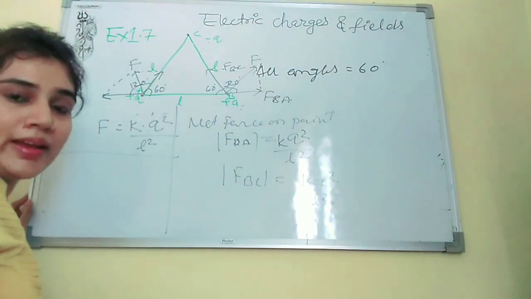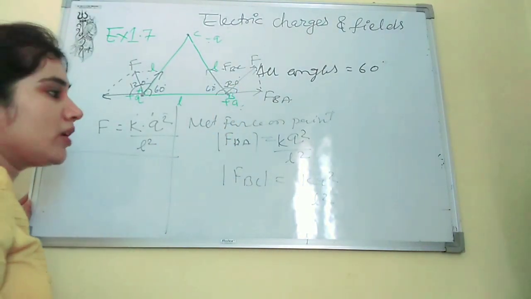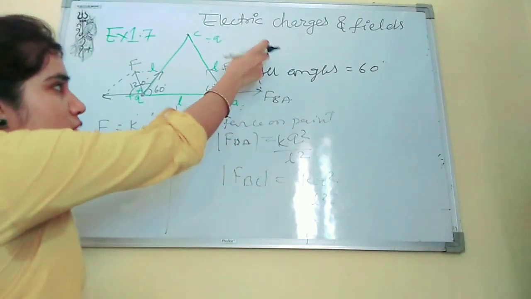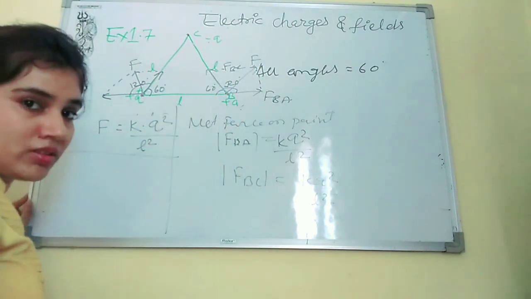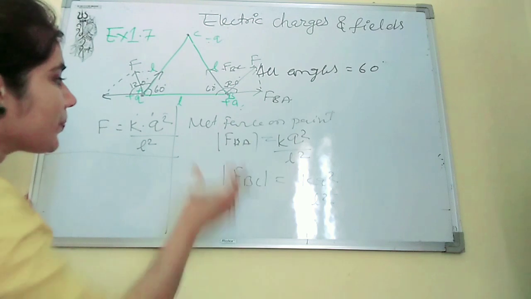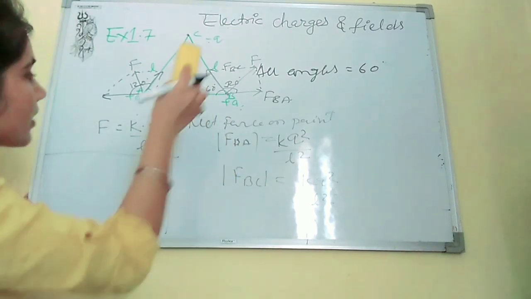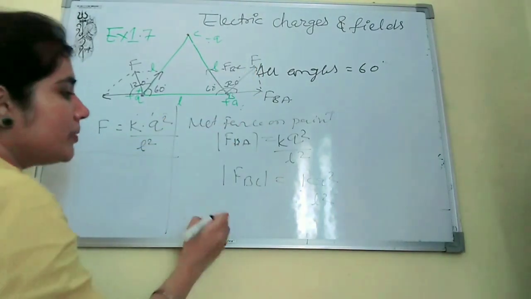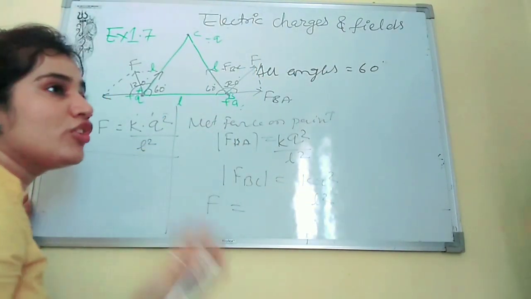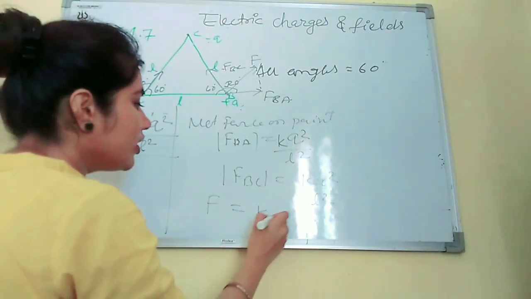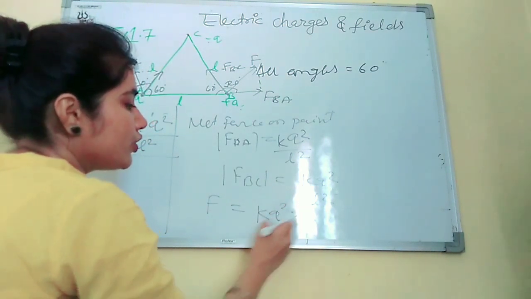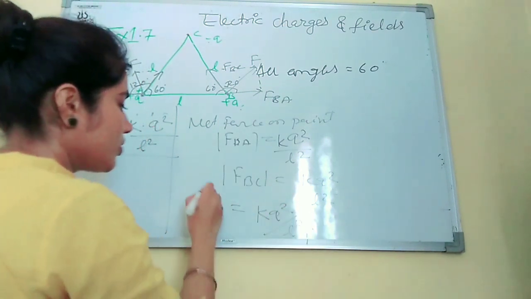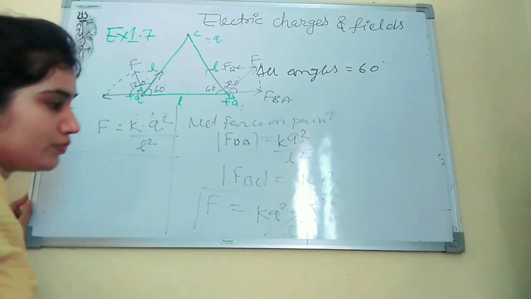By applying the parallelogram law, we will find the same expression, that will be F. Is that clear? Okay, so again at this point the net force will be F. What will be the value of F? The same value, K into Q square upon L square.